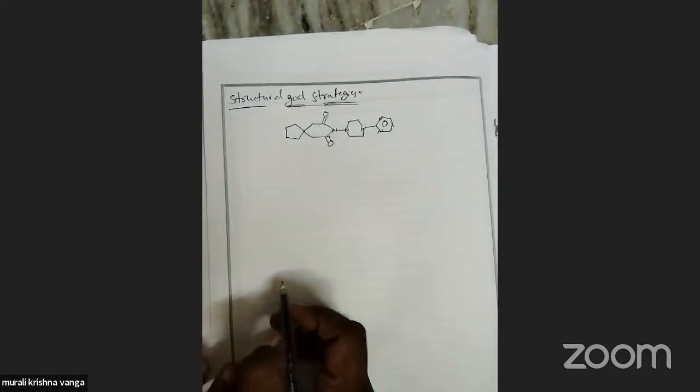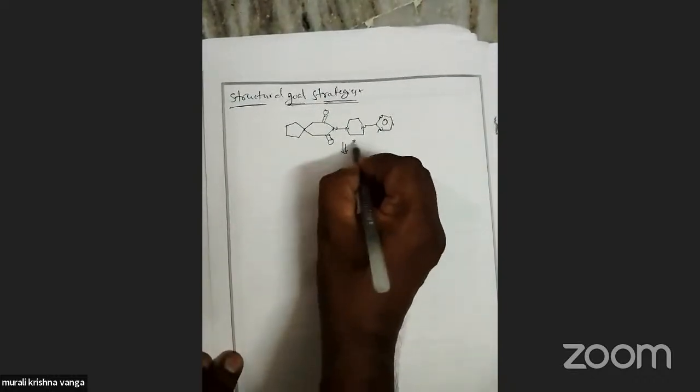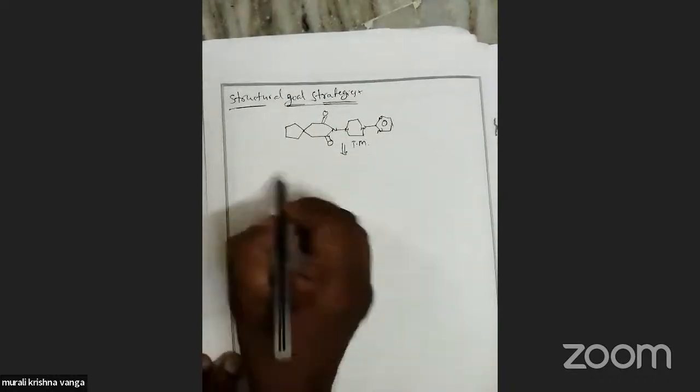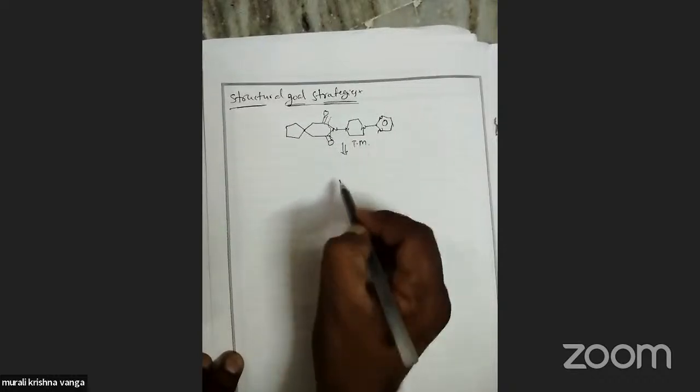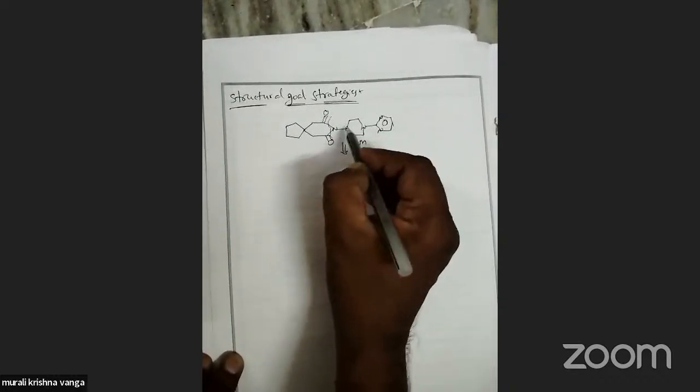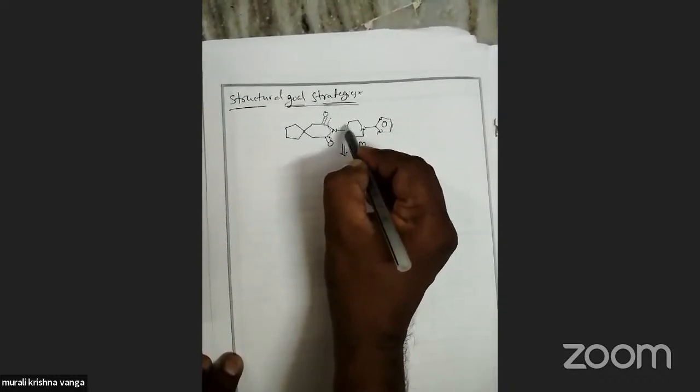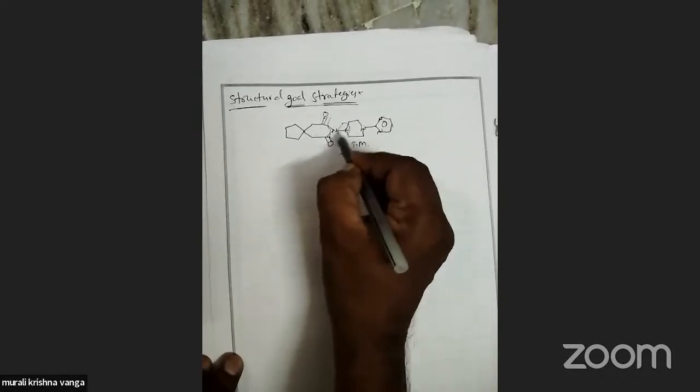When this target molecule undergoes disconnection, the disconnection takes place like this, and also here like this.